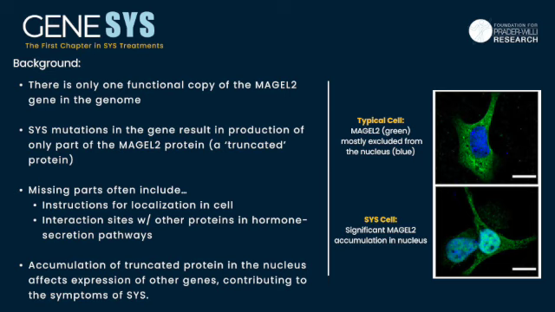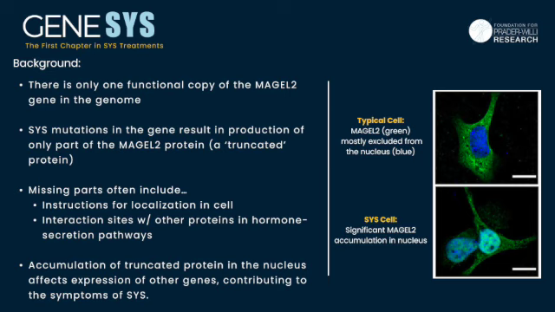Every person has one copy that was inherited from their father that is producing protein and doing the things that MAGEL2 should do. However, in our loved ones with Schaaf-Yang syndrome, they have a mutation in that gene, and that makes a protein that is not full length. All of the mutations that have been identified to date cause what we call truncated proteins. So it essentially is making a shorter protein.